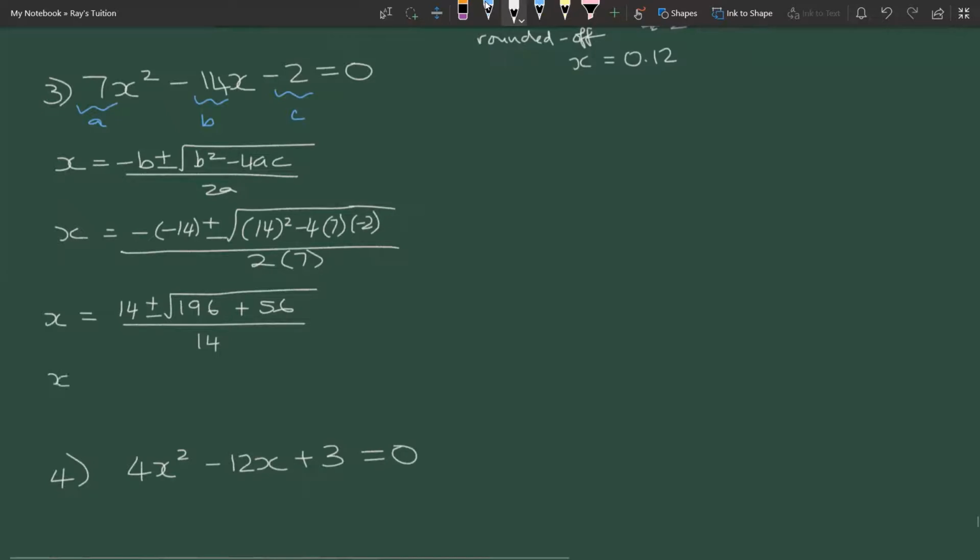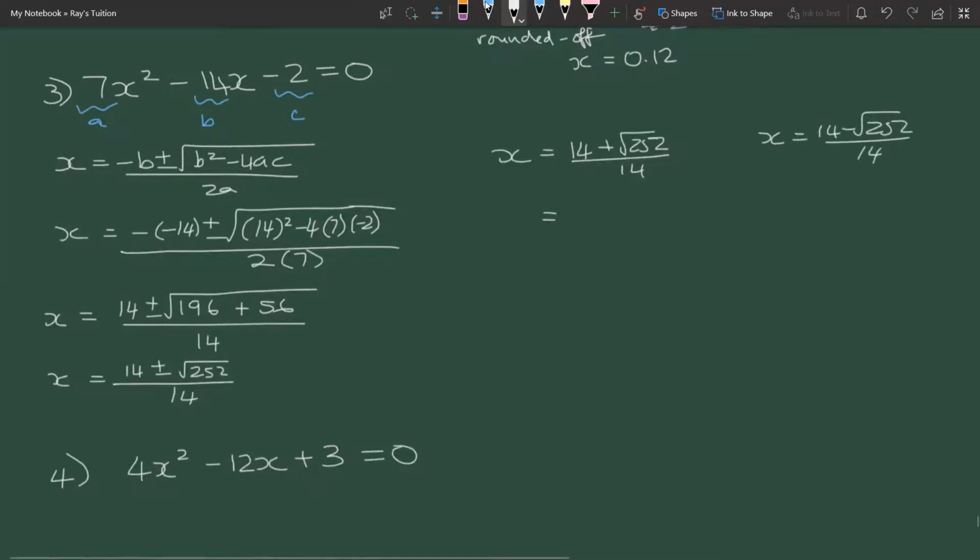So this here is x is equal to 14 plus or minus the square root of 252 over 14. And again, you can see which form the question asked for to see which one you have. So your two solutions, one of them is 14 plus root 252 over 14, and the other one is x is equal to 14 minus root 252 over 14.